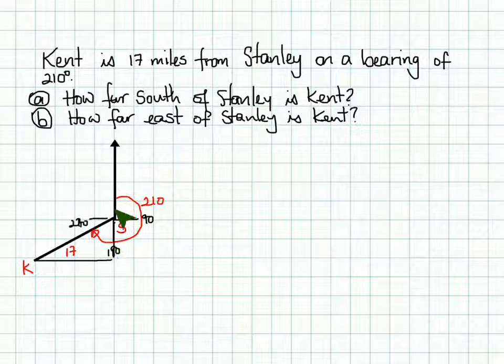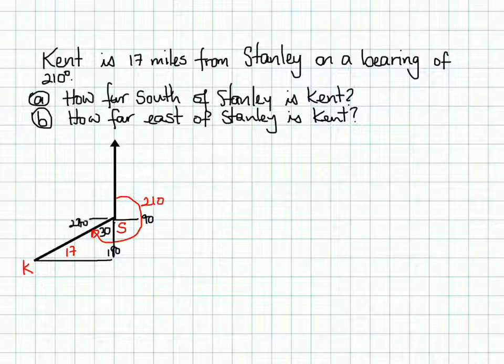But I also know the whole angle is 210. So to find this little angle in here, all I need to do is 210 minus 180, and that's going to give me 30 degrees. So I know that in here is 30 degrees.